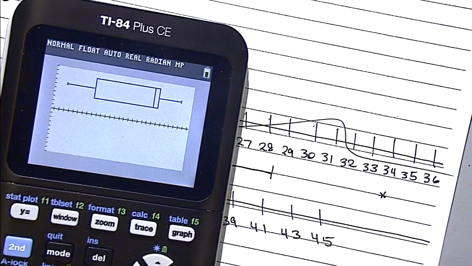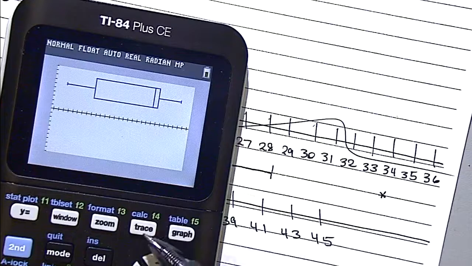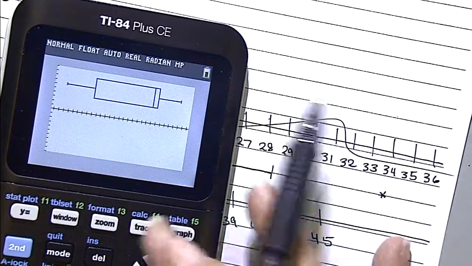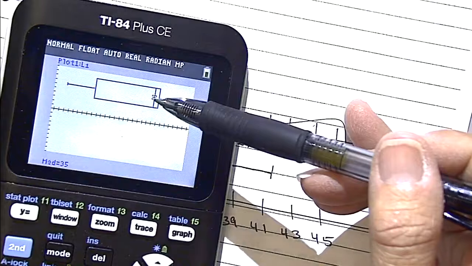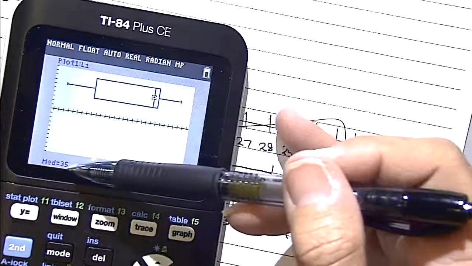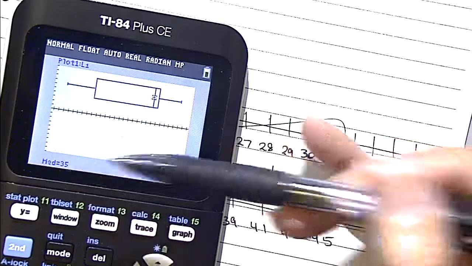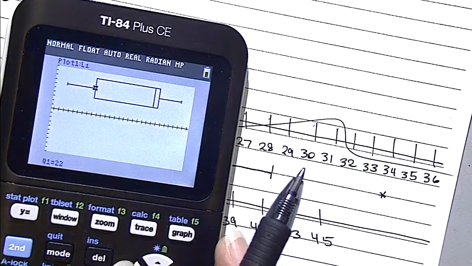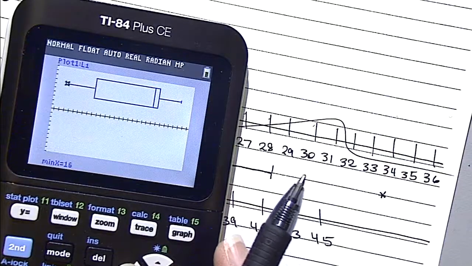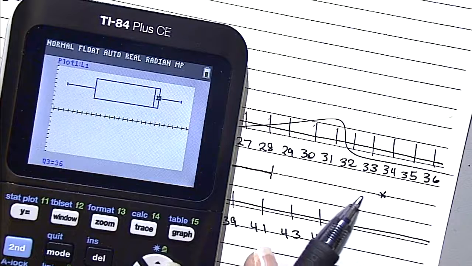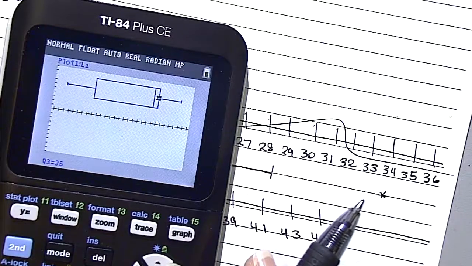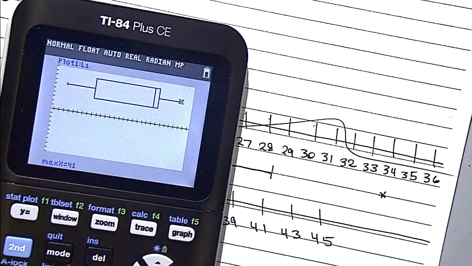No numbers at all, right? And the only way to get numbers is you see this trace button here. You say trace, and it starts at the median, and it tells me that the median is 35. But if I arrow over here, it'll tell me that quartile 1 is 22, and that the minimum is 16. I'm going to arrow back over here to quartile 3, which was 36, and the maximum was 41.